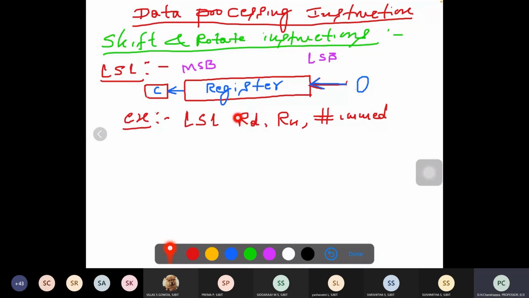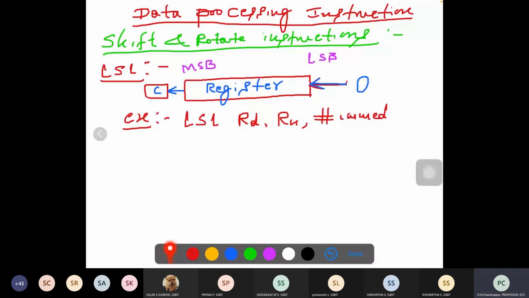What are these instructions for? I will clearly explain that. What is the role of these instructions? Before that, we should know the operands. Already I explained this: this is called the opcode. We have 3 operands. Rd is one operand, operand 1, operand 2, and operand 3. The first operand, as I told in the last class, is the destination. The second operand may be a source.